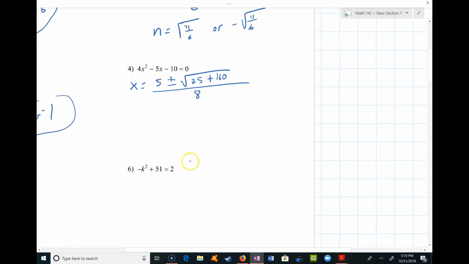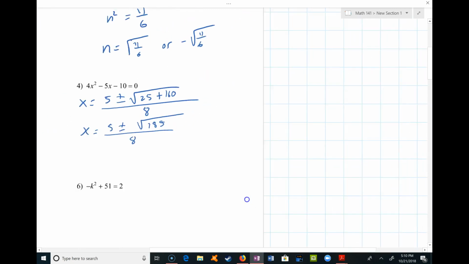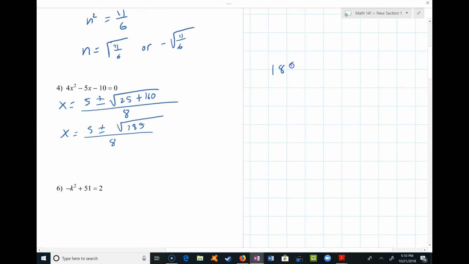So then we'll go ahead and simplify that. x is equal to 5 plus or minus the square root of 185 all over 8. Let's go off to the side here and see if we can do something with the 185. Are there any perfect square factors in there? Let's see, 5 will go in there 3 times 37. Oh, no, I don't think so. 37 is a prime, so that is my answer.